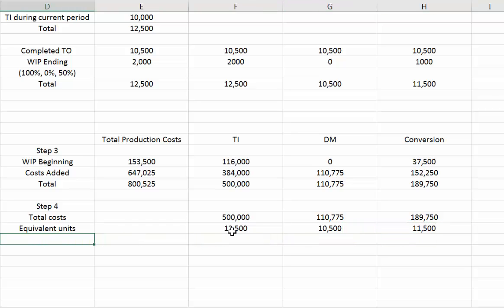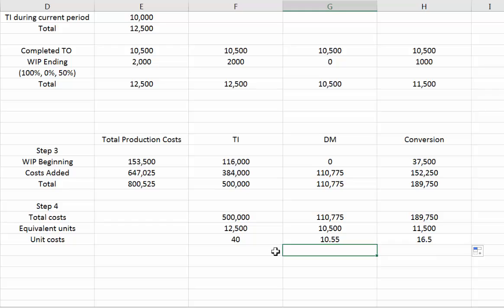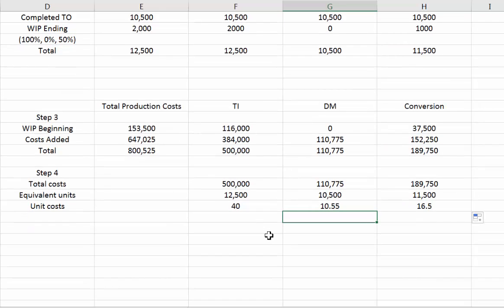Okay, then let's find the unit cost. So basically divide the total cost considered by the total number of equivalent units. So we can find these numbers. So all these numbers are very important because we're going to use them to do the assignment of costs.